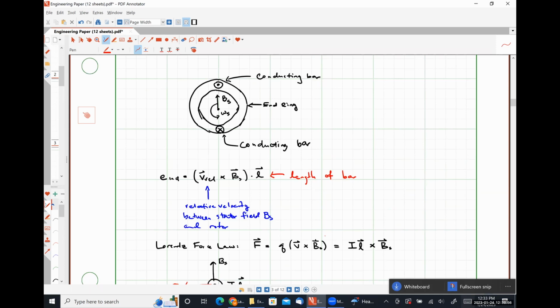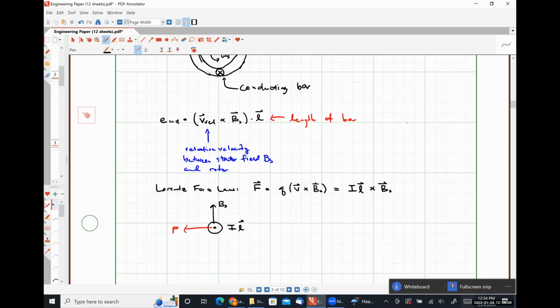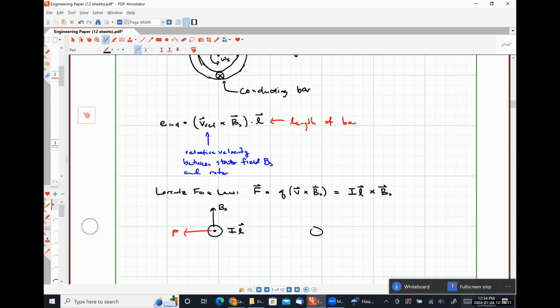And so if we look at our picture, we're going to see that our magnetic field is causing some force to be applied to this conductor in this direction. Now, what happens if we look at our bottom conductor? Right, so we have IL directed into the page. Our B field is still up.